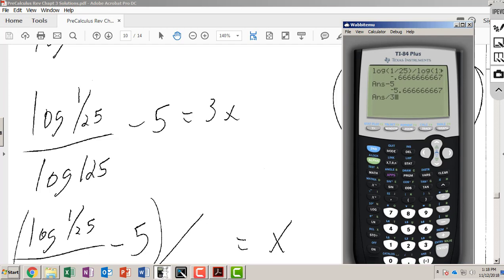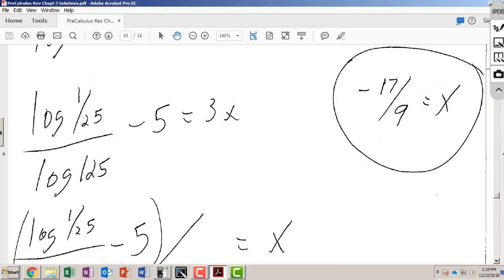You can do that all in one step on your calculator, because then you can just hit your math key, hit your fraction, and that changes it to negative 17/9. So that matches up with your answer, it looks like, answer D.